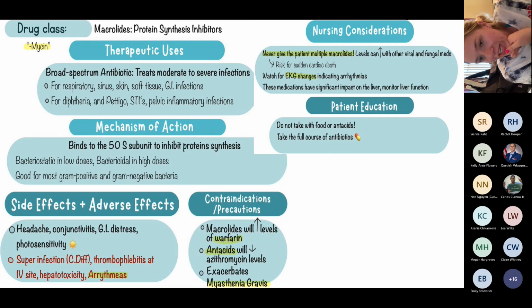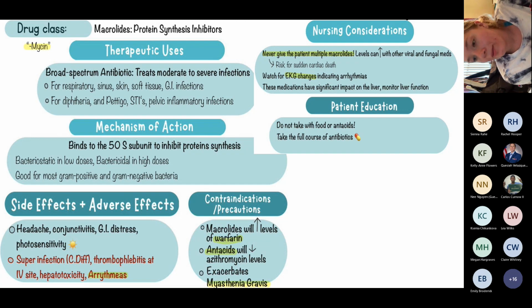And why they cause EKG changes, they just mess with lots of different things, and like to irritate the heart a little bit, okay? This is why a patient cannot be on multiple macrolides. Additionally, if your patient is on warfarin, this can interfere with that. And with our macrolides, no myasthenia gravis, okay? It can exacerbate that further.